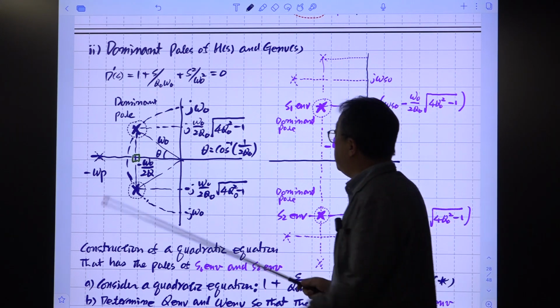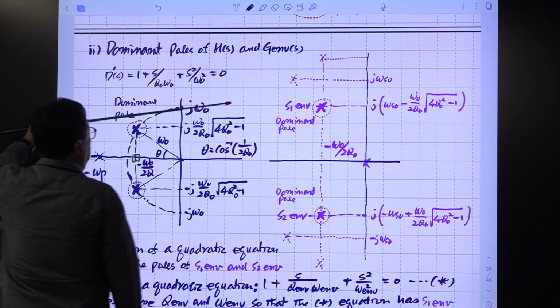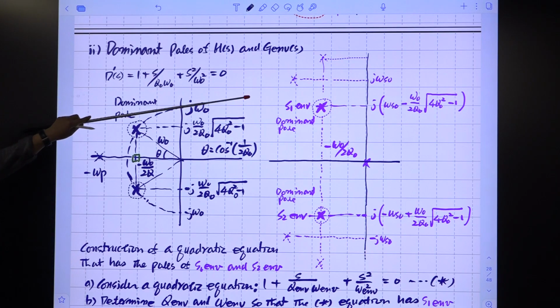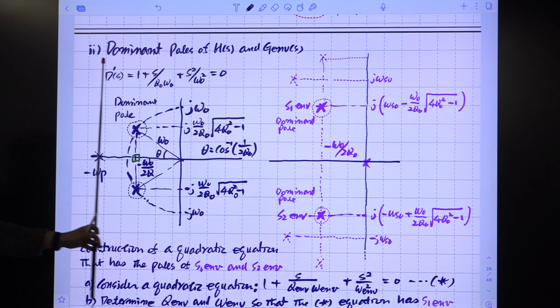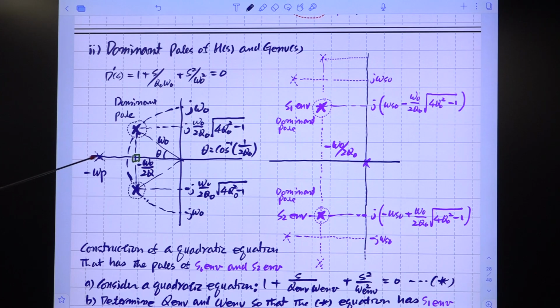Okay, so if you have this expression, you locate your pole here and here. And you know this coordinate and this coordinate. This is all standard business in the standard second order system. And this theta is something like this, and this other one is the mirror image, the complex conjugate, right?